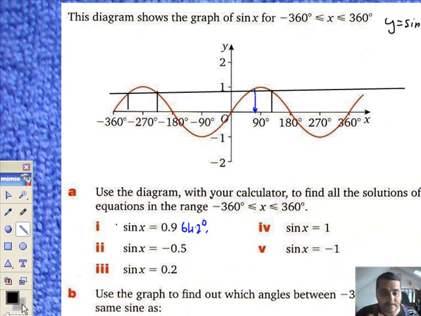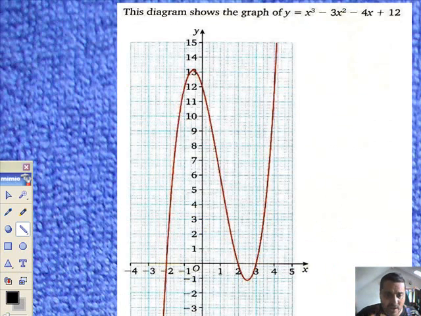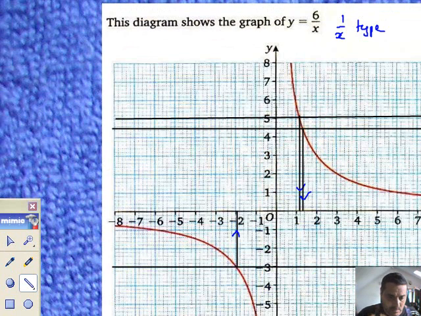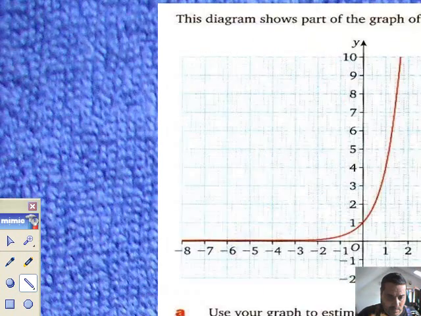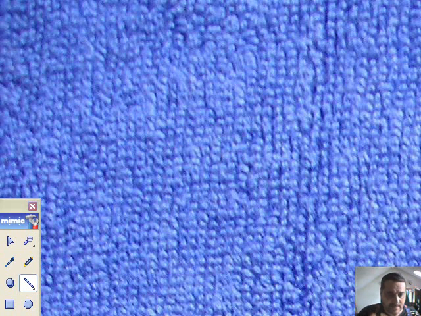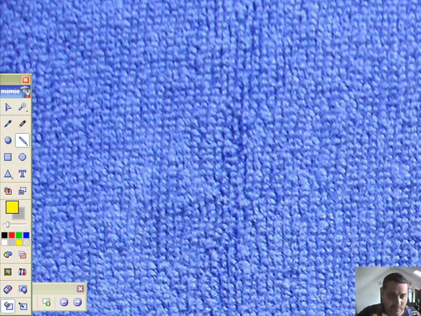Well, we've got one of them, haven't we? So let's just turn over and draw a little diagram. Remember how these go?